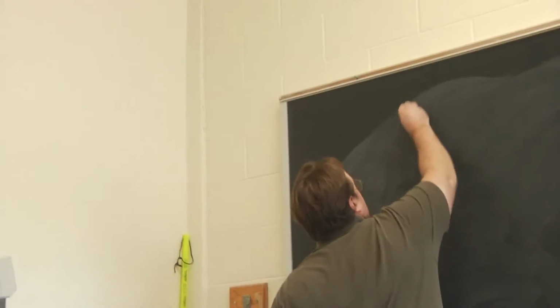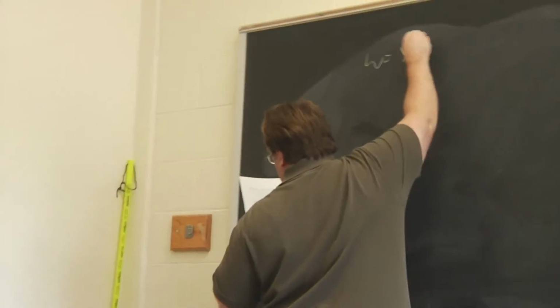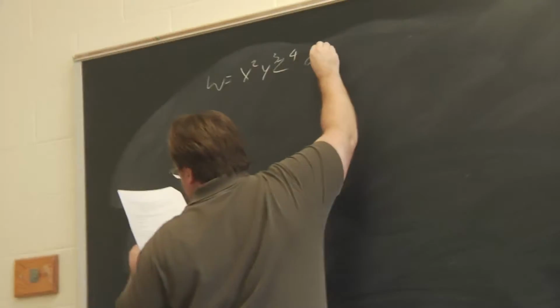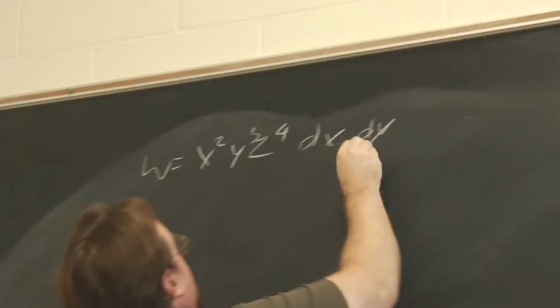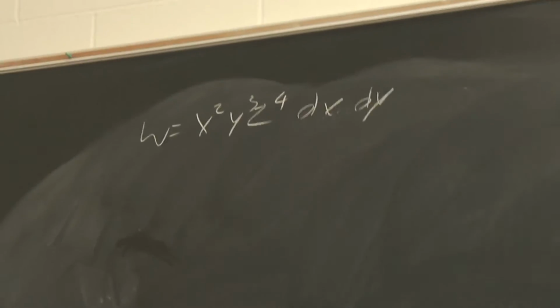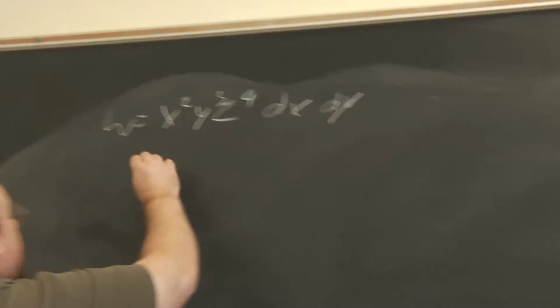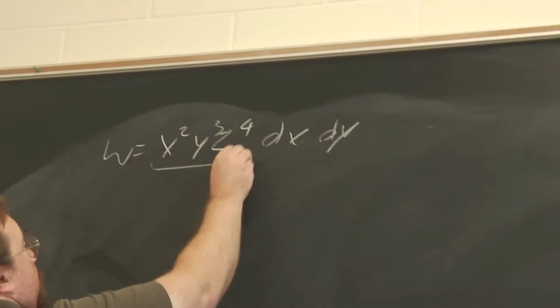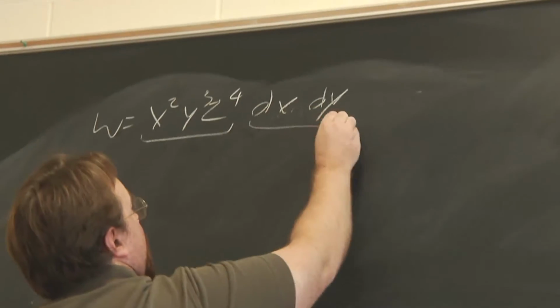All right, so x squared, y cubed, z to the 4th, dx dy. So this is a 2 form, and we're going to differentiate it. Here we have a wedge product of this function with this.